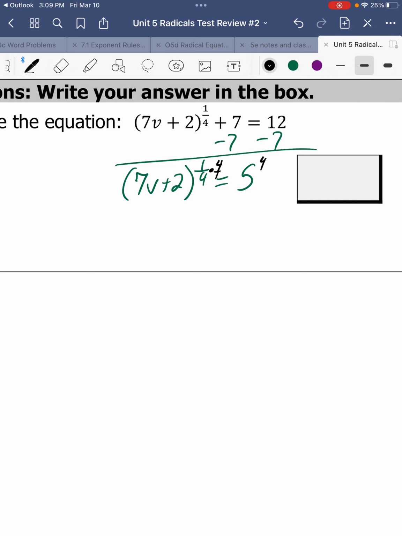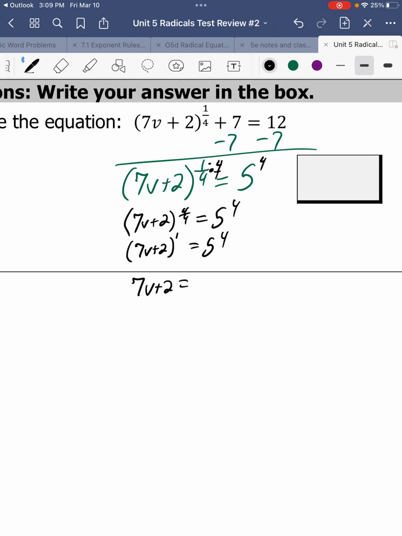So we're going to raise this to the 4/1, which is 4, so we're going to raise it to the 4th power. 1/4 times 4 is 1, so 7v plus 2 to the 1st power is just 7v plus 2.